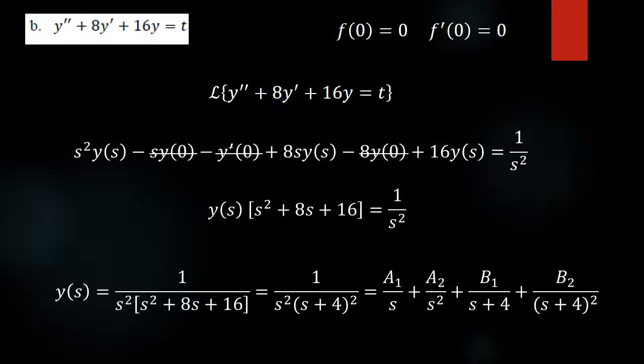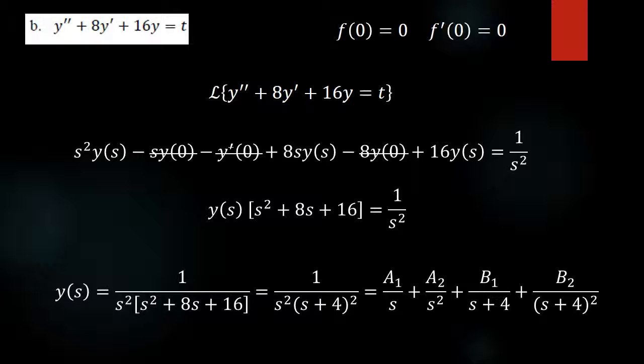Then we factorize Y(s), and the terms of s are passed to the other side to obtain our partial fraction, that is 1 over s² times (s + 4)².